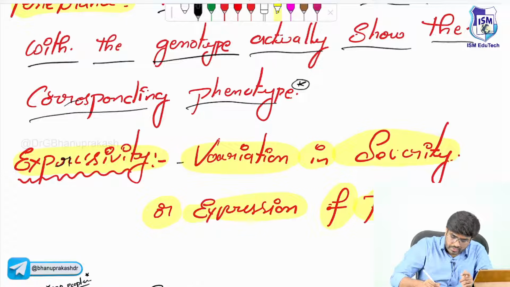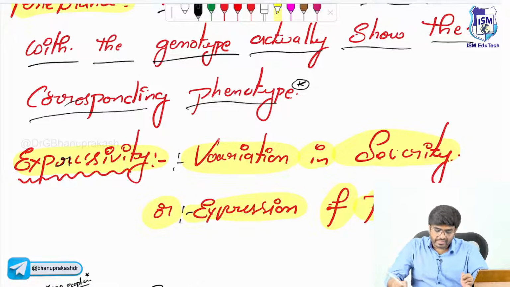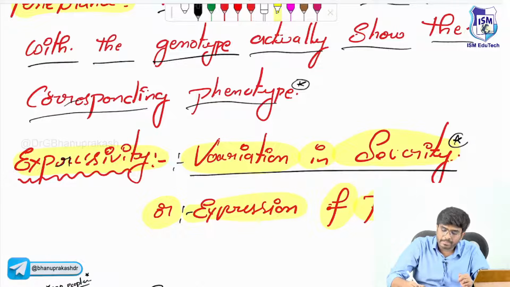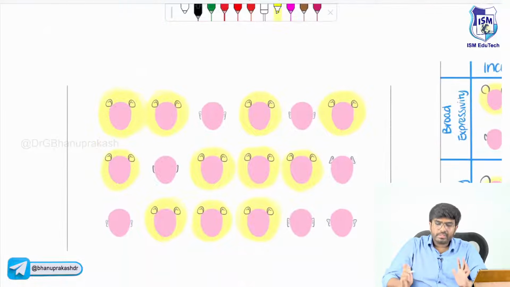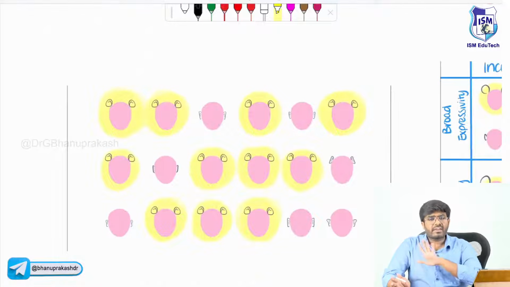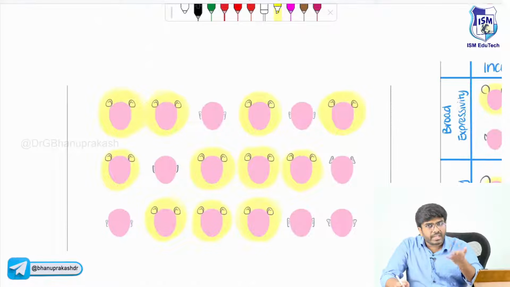These are the two definitions you can understand. Now, in this example, the individuals have the same type of genetic mutation, but only 11 people are showing the disease. So penetrance is 61%. Penetrance is incomplete.